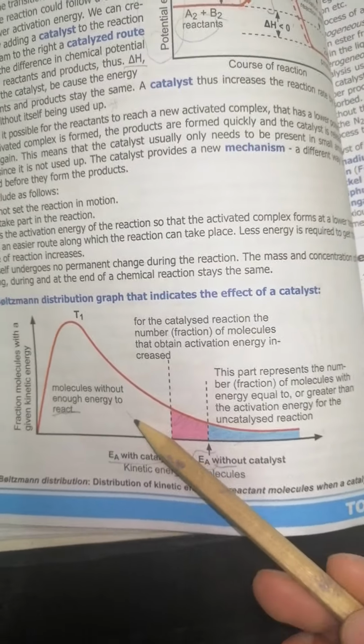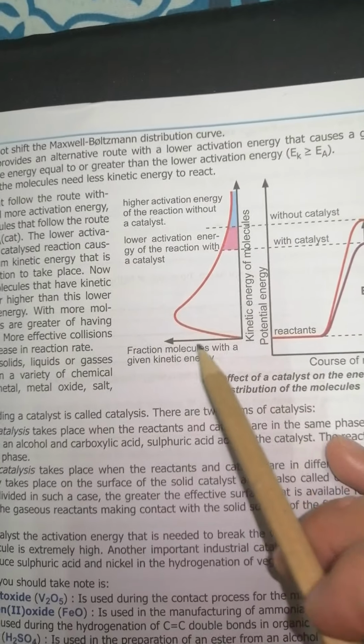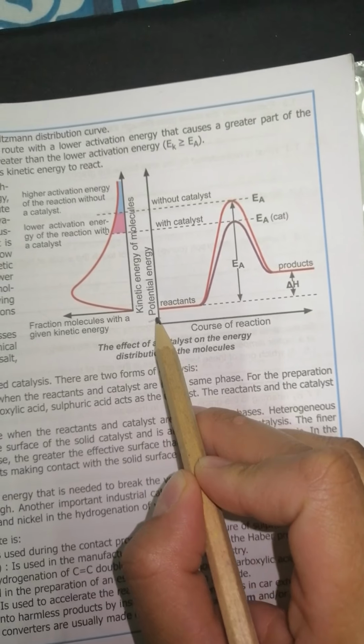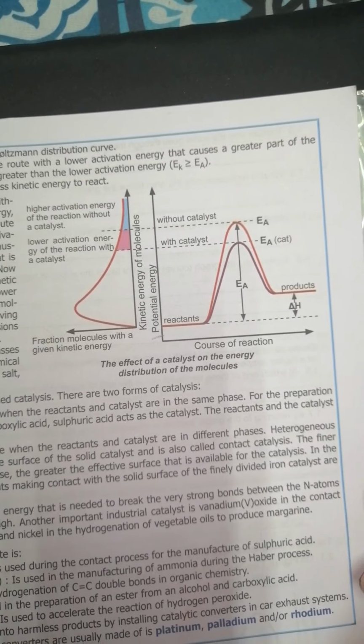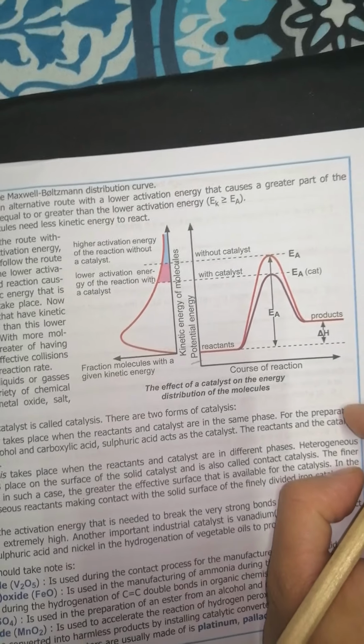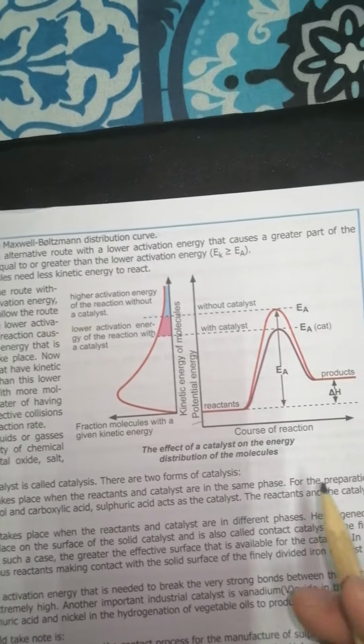Now again, if we take this graph and we flip it over, we're going to get it to look like this here. And if we compare it to the potential energy graph, with or without the catalyst, we will see that the activation energies of the reactions link up, or basically correspond to each other.